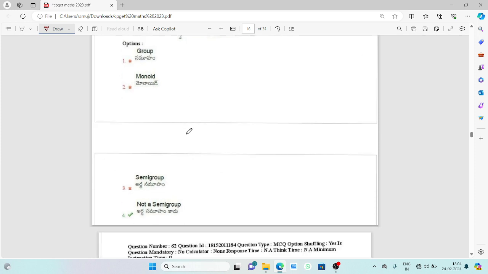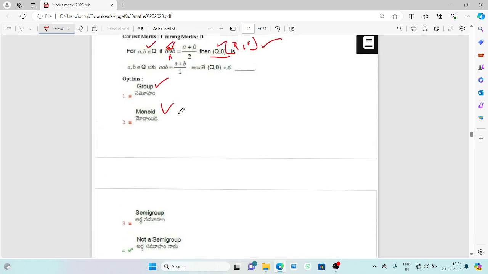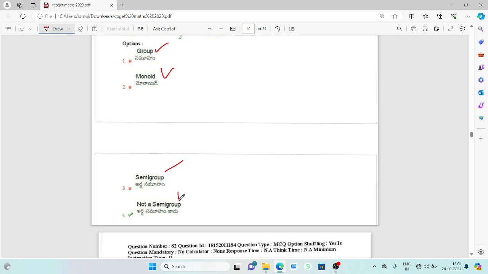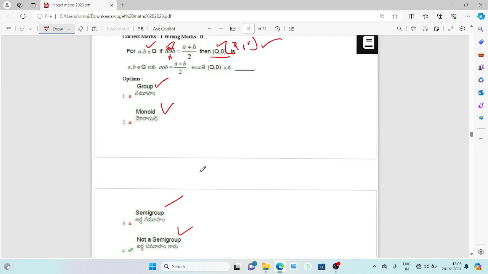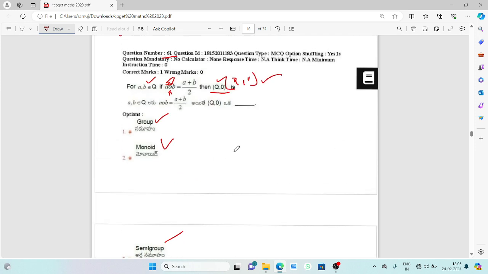So he provided group, monoid, and semigroup, not a semigroup. Semigroup means it should satisfy the associative condition. If it satisfies the associative property, we can say that it is a semigroup. So if I take elements from the group G, the associative property is (a into b) into c is equal to a into (b into c).